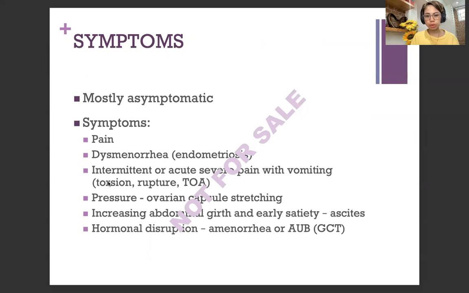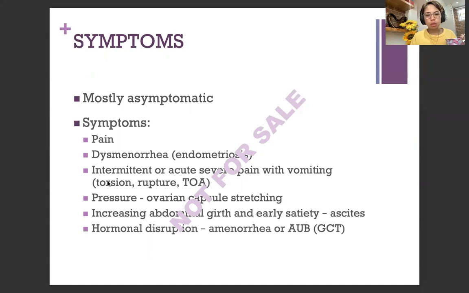It can be dysmenorrhea in cases of endometriosis. It can be intermittent, or it will present with acute severe pain or vomiting, especially when it's an ovarian new growth that is complicated, either due to torsion, rupture, or it's an inflammation brought about by the tubo-ovarian abscess.